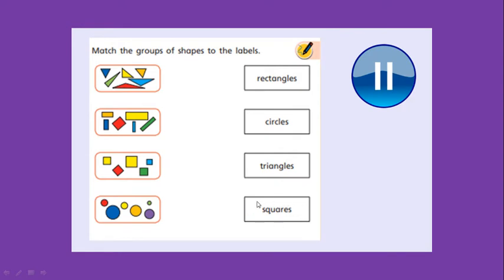And we've got squares, which have sides all the same length. So what I need you to do is to match up those shape words with the correct groups of shapes. So pause the video, see if you can match them up, and we will check on the next slide.